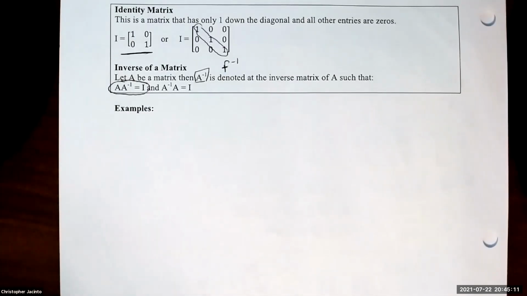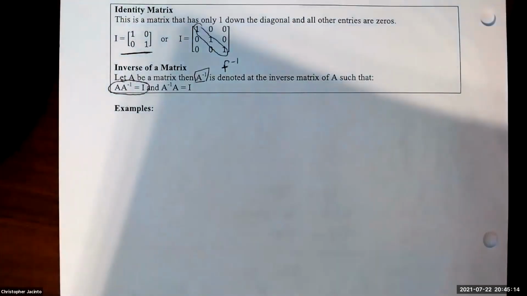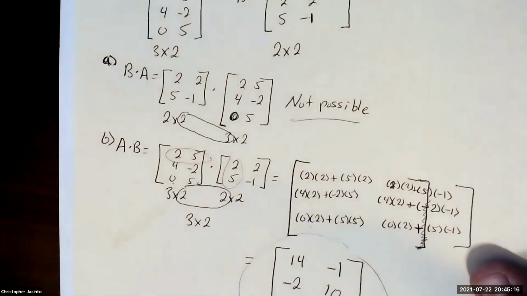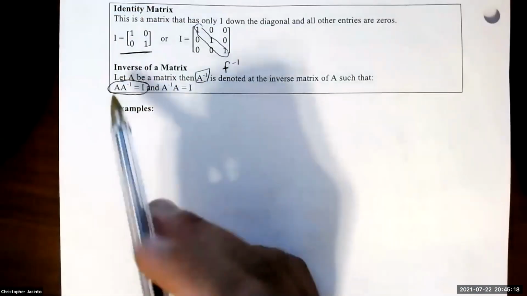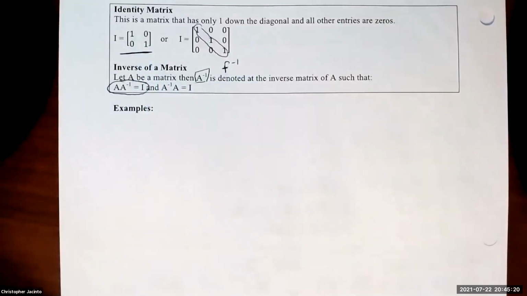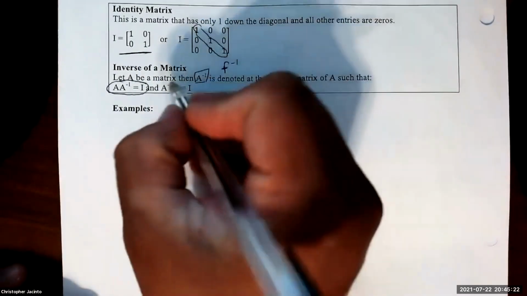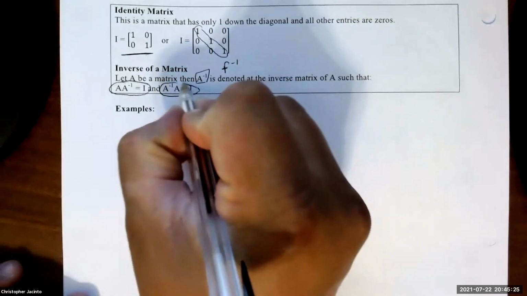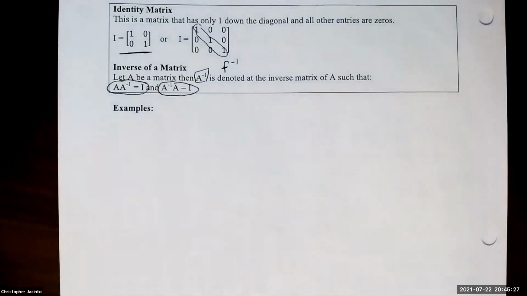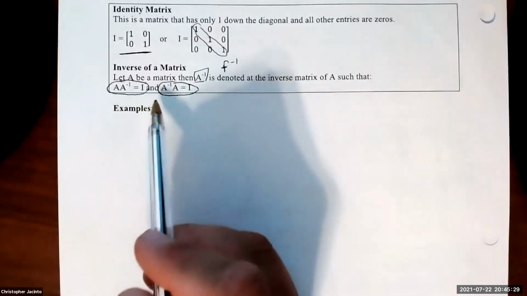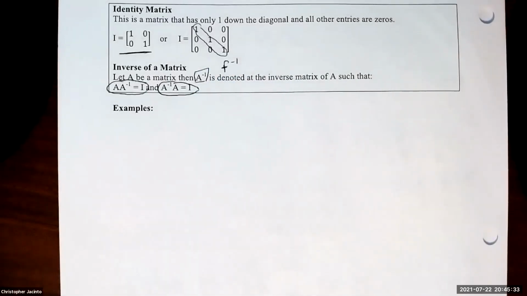When we multiply both matrices and the result is the identity, they are inverses of each other. And it doesn't matter which way you multiply: A times its inverse, or the inverse times A, you get the identity back anyway, which is pretty cool.